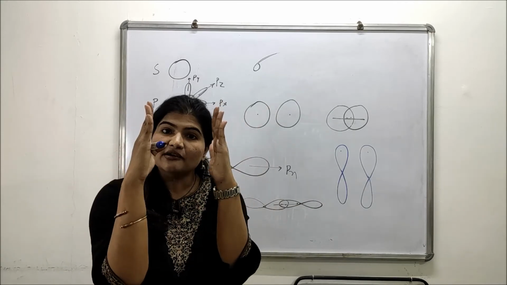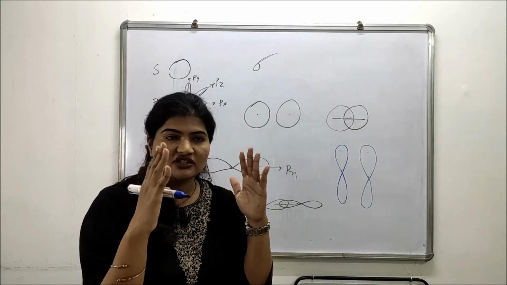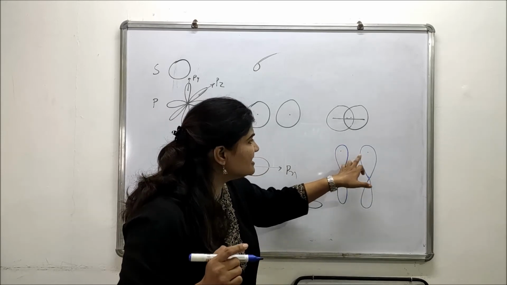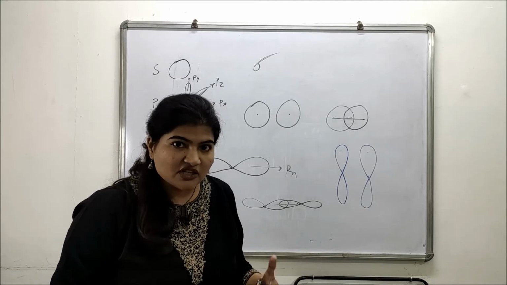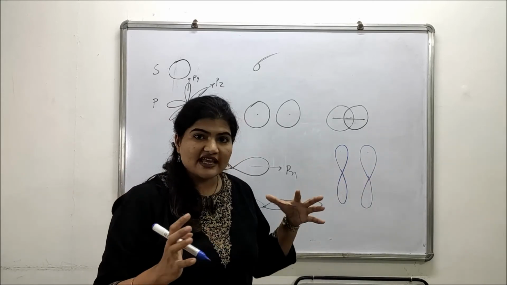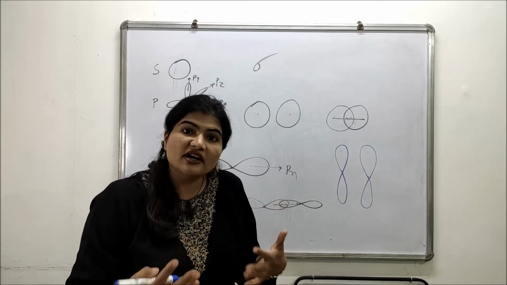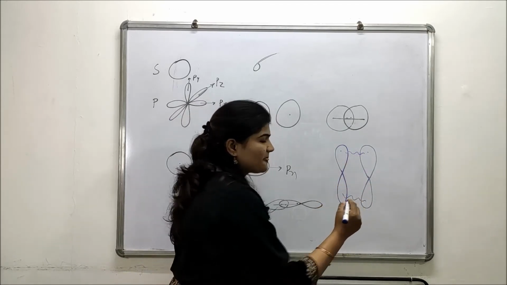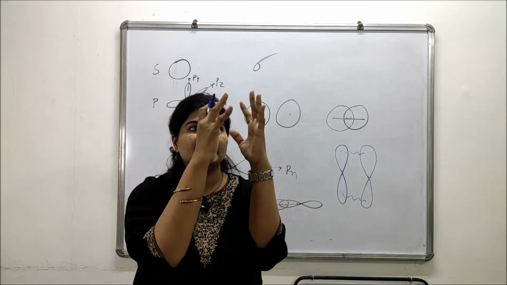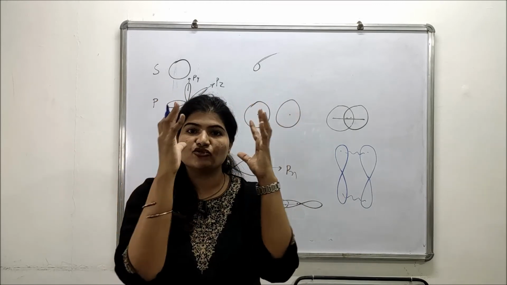But when they are coming close enough to each other, as they are having single electrons, there might be a kind of attraction developed so that those electrons can be held together to form a chemical bond. So in that case, lateral overlap happens. This py and this py develop a lateral kind of force of attraction.